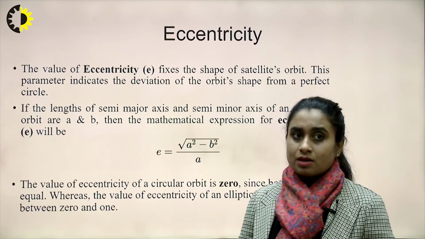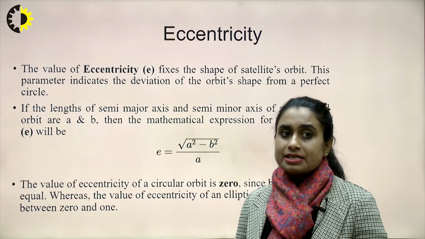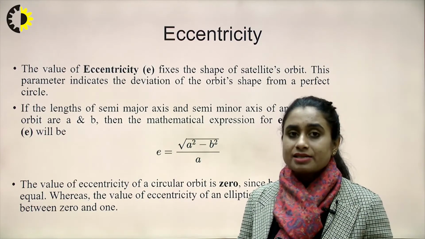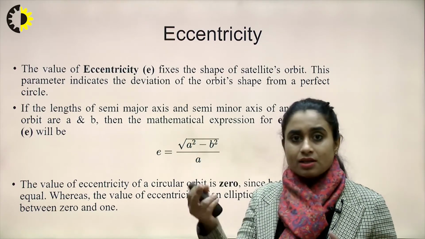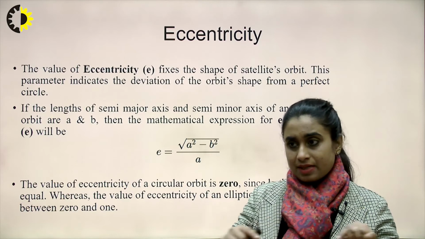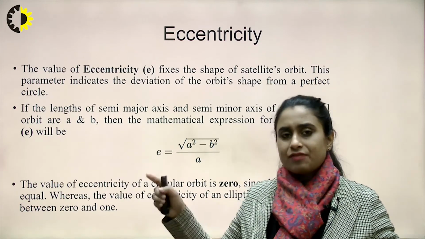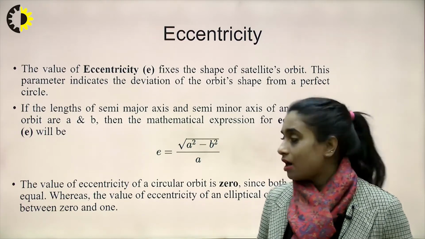Eccentricity. Eccentricity is denoted by small e. Eccentricity fixes the shape of the satellite's orbit. Like we know that the value of eccentricity for a circle is 0, and eccentricity will be maximum in the case of an ellipse with infinite semi-major axis, right? How can it be calculated?